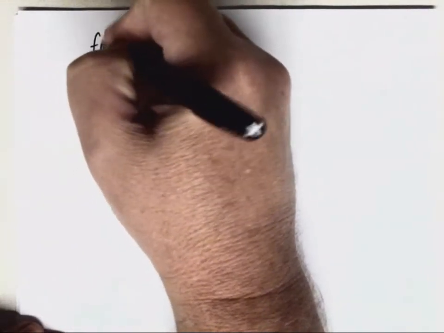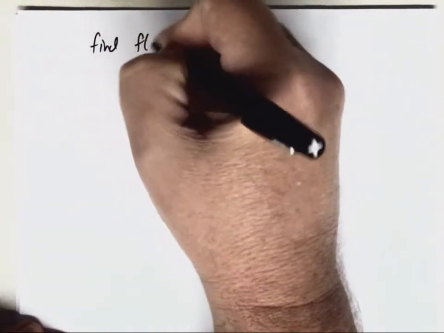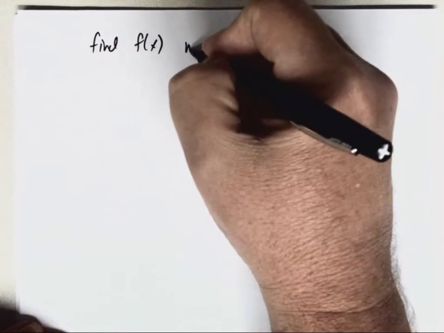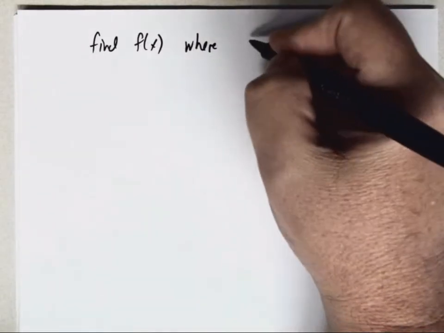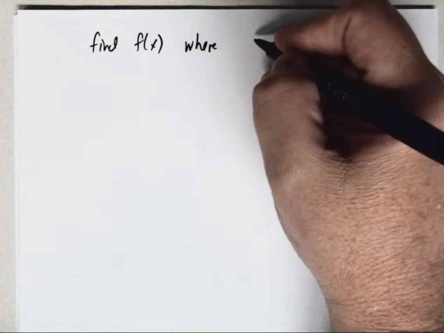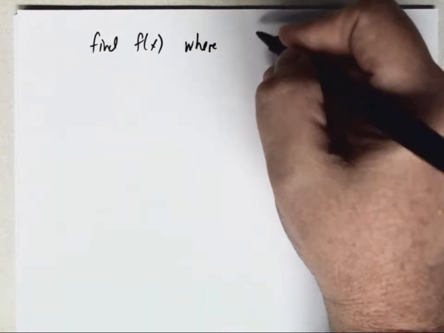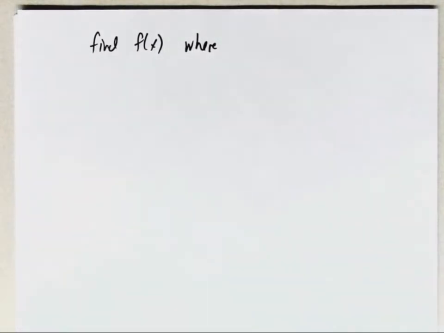They're going to say, find the function where you have, now in this case, sometimes they may give you the factors, and sometimes they may actually give you the zeros.